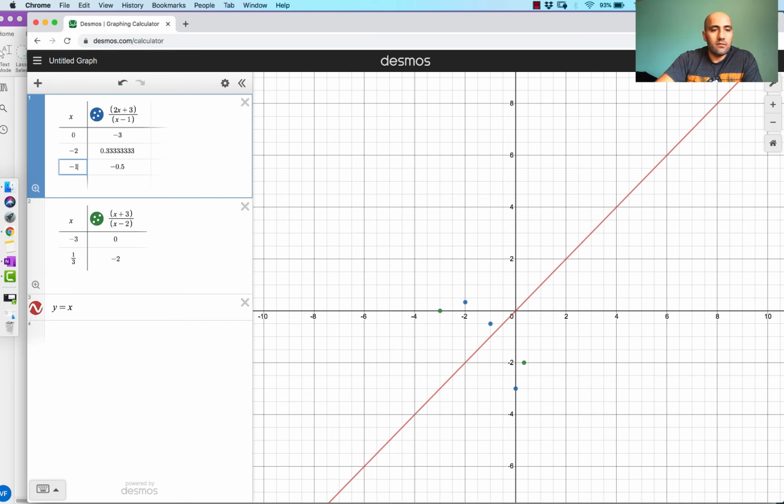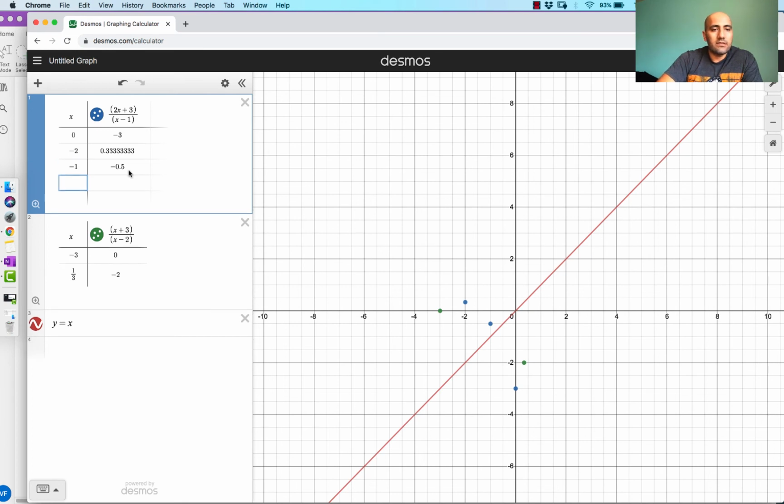Negative 1 leads to negative 1/2. Notice that positive 1 is not valid. It's not in the domain of this function because otherwise we'd be dividing by 0. So 1's not in there.